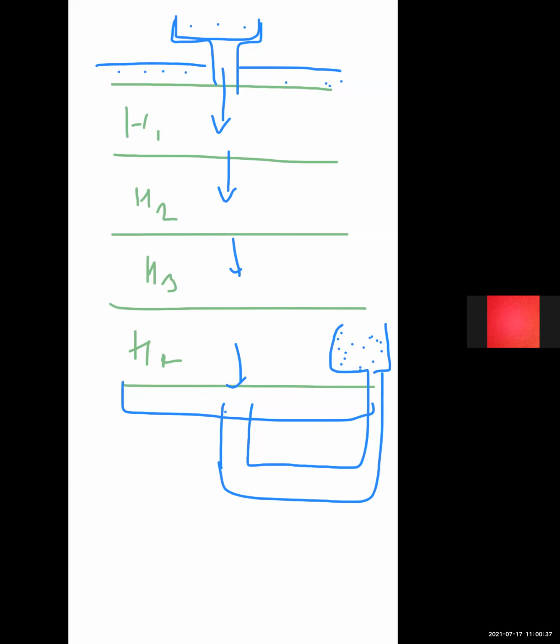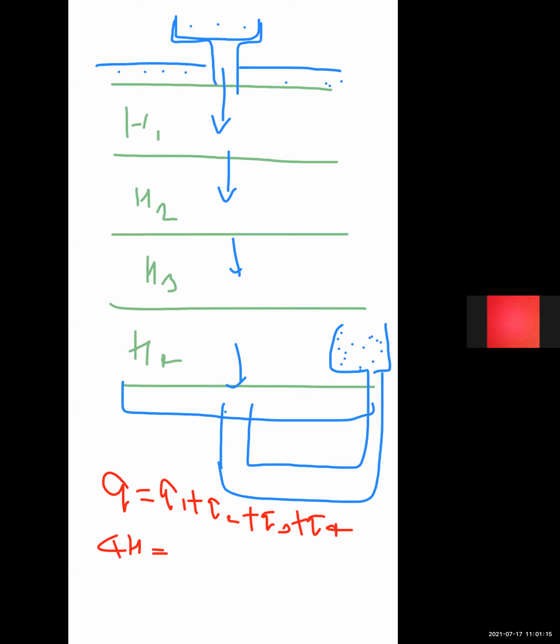So this flow is in the vertical direction. That means the discharge coming in the first layer, second layer, third layer and fourth layer is equal. So Q equals Q1 equals Q2 equals Q3 equals Q4. Okay. And head difference we can also calculate. Del H, the head difference, is not equal for every layer.